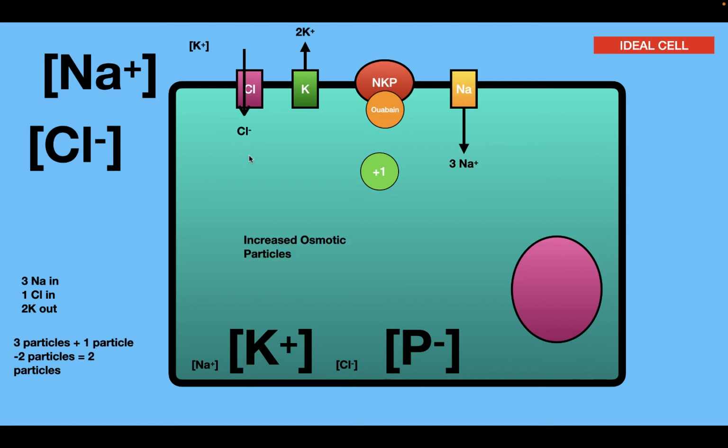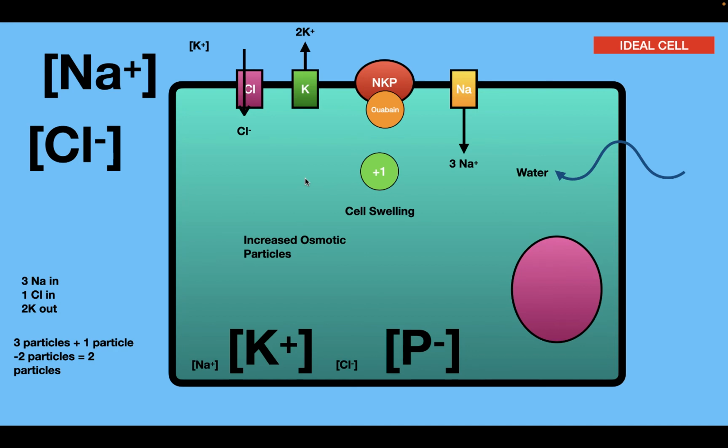So this means we have an increased number of osmotic particles, and this means we have an increased osmotic pressure. This means that the cell will draw water from the extracellular environment into the interior. As the cell accumulates water, this will cause the cell to swell.